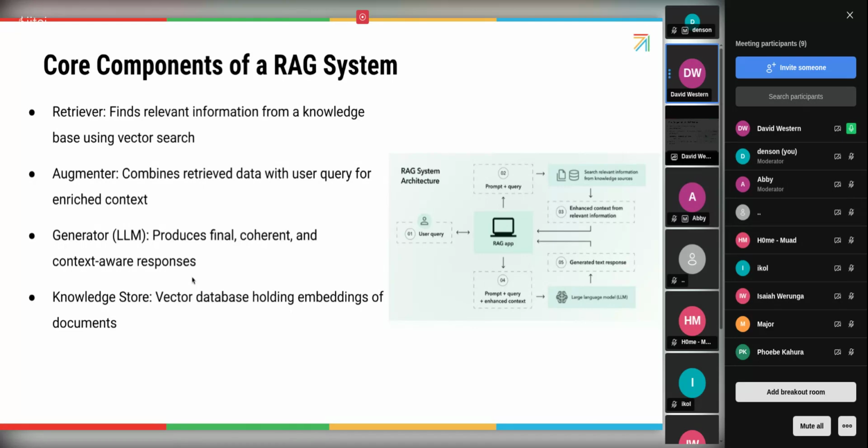With the RAG system, we have the retriever, the augmenter, the generator, and also the knowledge store. When you ask a question, the retriever will go to the database where you store your information and only retrieve the relevant information from the knowledge base for that specific query.